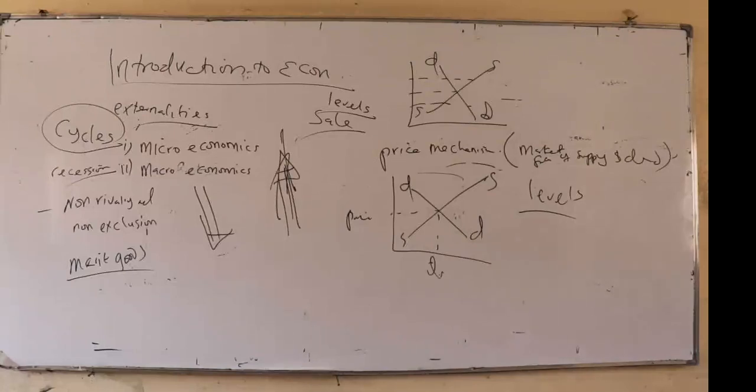Number three, it makes adequate provision for public and merit goods. Can you write the two? It makes adequate provision for public and merit goods.